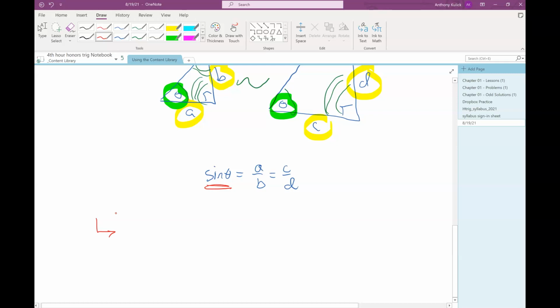Would be enough. And I'll say it and you'll be like, oh yeah. Okay. So there was the law of sines and the law of cosines.